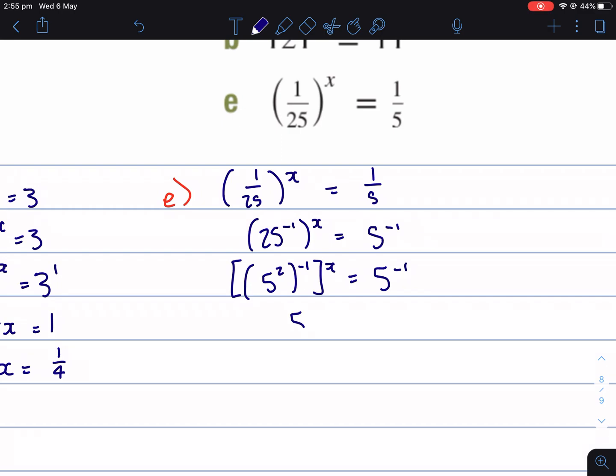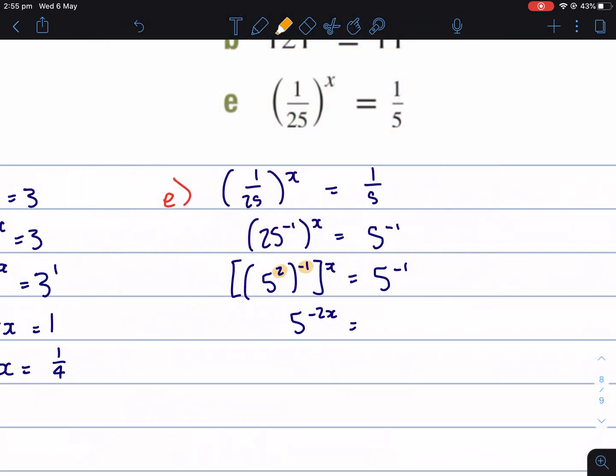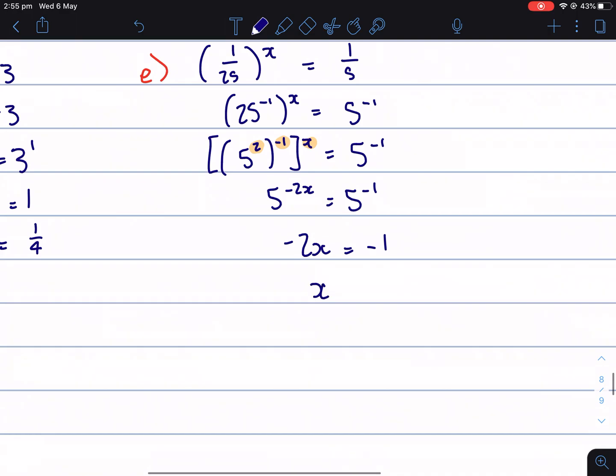So this is 5 to the minus 2x, because you multiply all the powers to minus 1x. So we know minus 2x equals minus 1. So x equals negative 1 over negative 2, so a half.